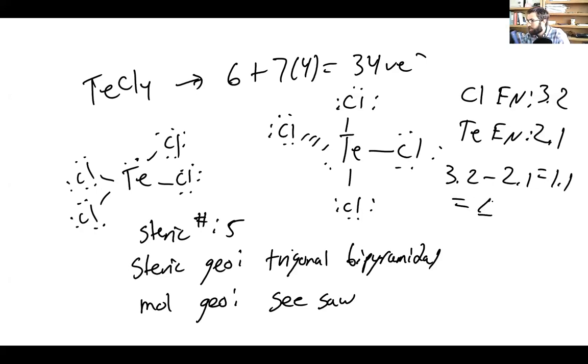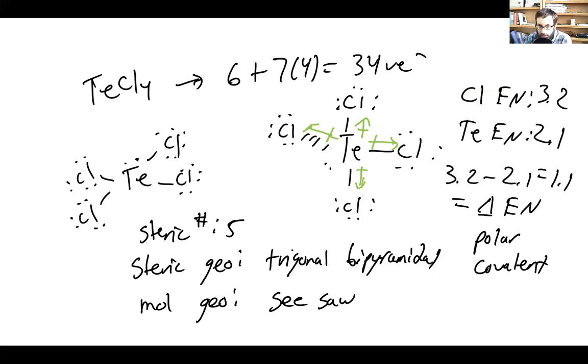That's your delta EN, the change or difference in electronegativity. Okay, that is in between 0.4 and 2. So that's polar covalent. So at this point, we know that the chlorine's more electronegative, and so we're going to have electron density on all these, pointing towards the chlorine.